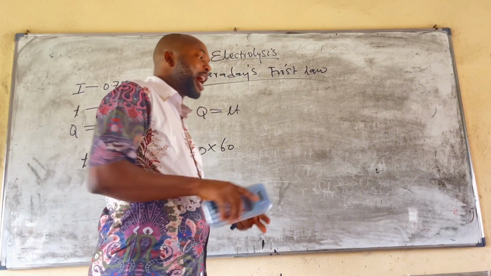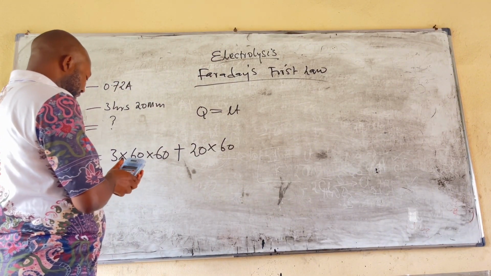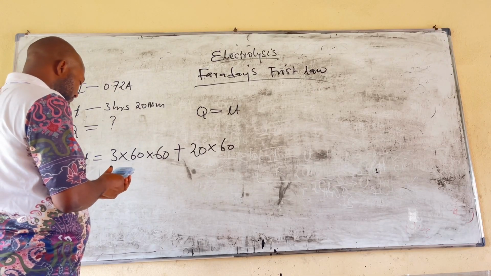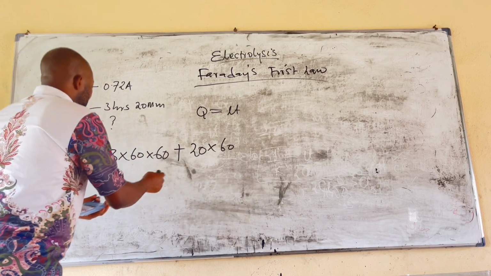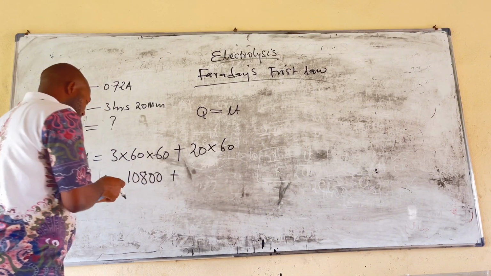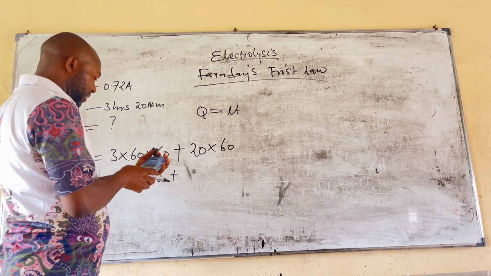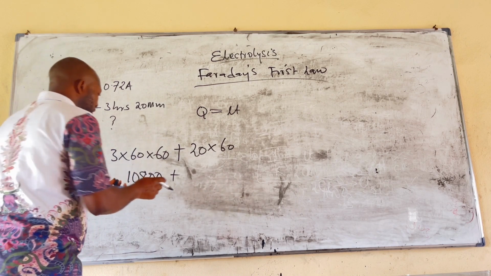So if I add all of these, 3 times 60 times 60 will give me 10800. 10800 plus 20 times 60. 20 times 60 will give us 1200.